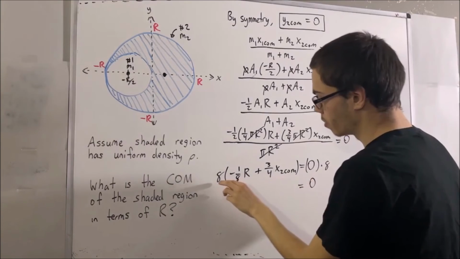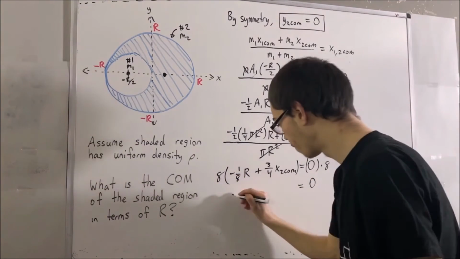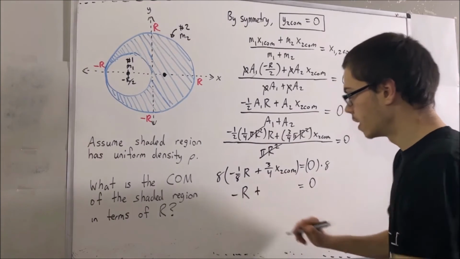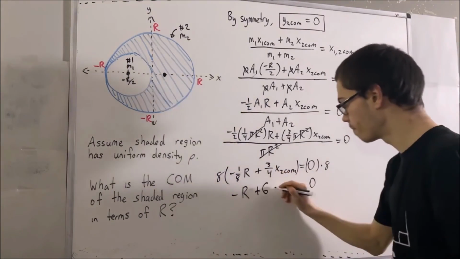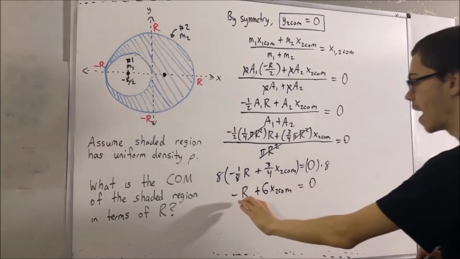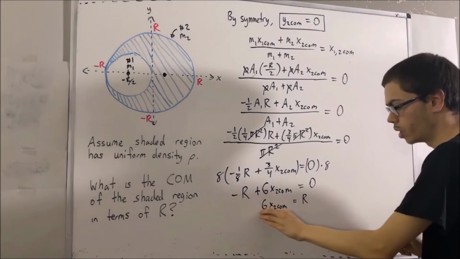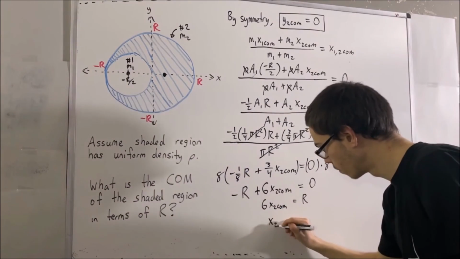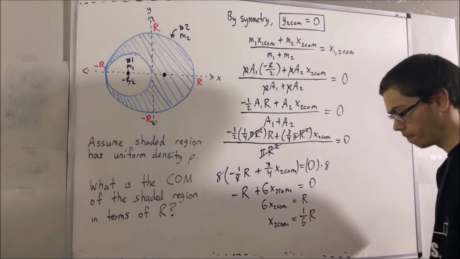And if we do that, we know that 8 times negative 1/8 r is just negative r. And we get plus 8 times 3/4, which is just 6 x2 com. Right? And adding r to the other side, and then next, all we do is divide by 6 on the other side. So we get x2 com is equal to 1/6 r.